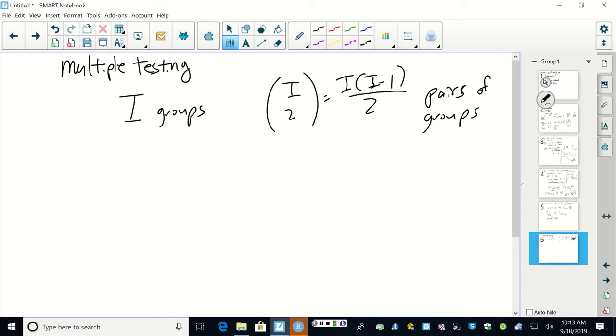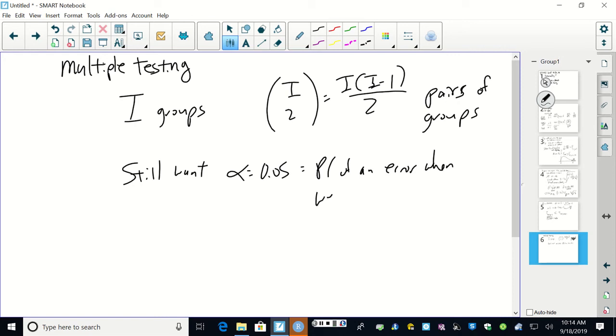So we still want alpha 0.05 to be the probability of an error when we reject an H0 when it is true.